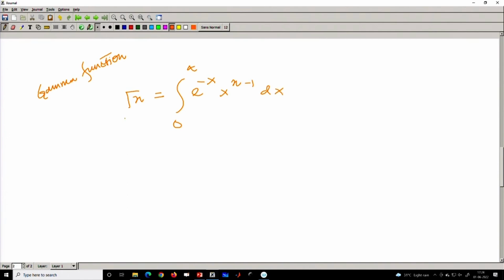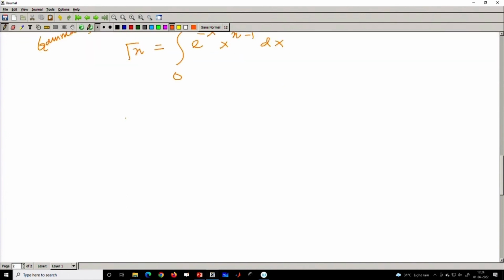There are some properties: gamma of 1 equals 1; in general gamma of n plus 1 is equal to n multiplied by gamma of n; and one useful value is gamma of half, which equals root pi, a very important quantity that we encounter in many cases in physics.